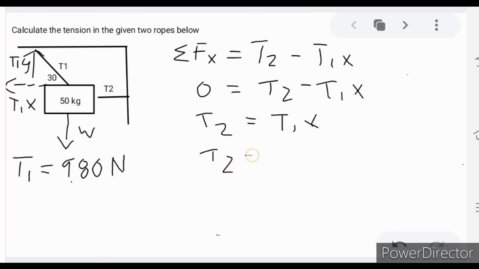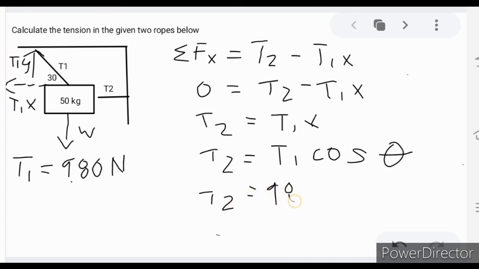And T sub 2 is equal to, we all know that Tx sub 1 is equal to T1 cosine theta. We know the given angle, and we also know the value of T sub 1, which is 980 Newton, cosine 30.